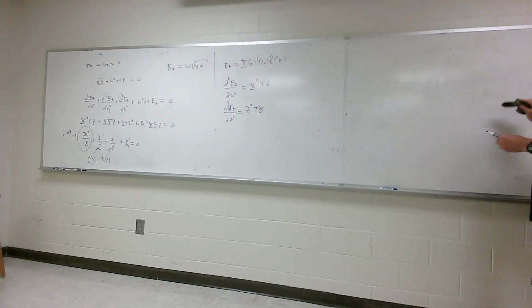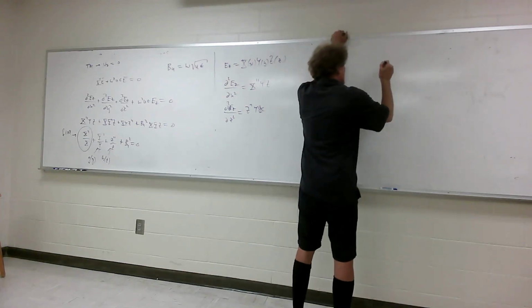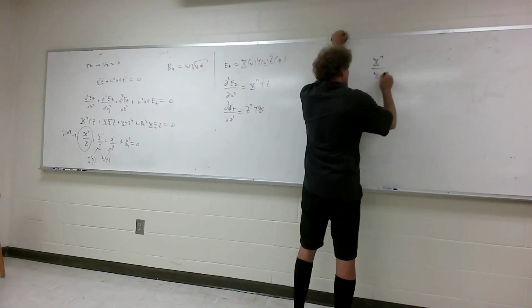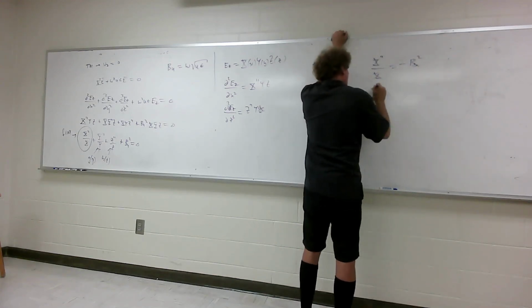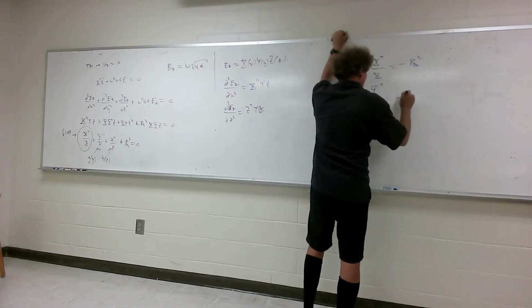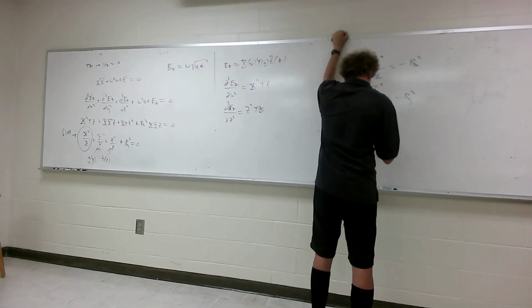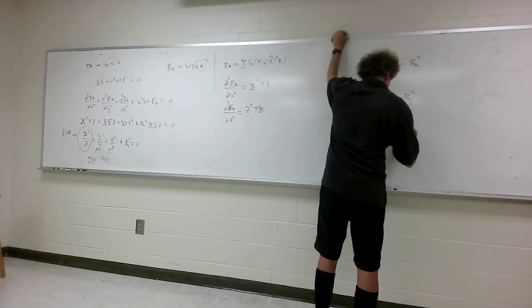So because of that fact, we're going to say that x double prime over x, we're going to call that minus beta x squared. We're going to call y double prime over y minus beta y squared. And we're going to call z double prime over z equal to minus beta z squared.